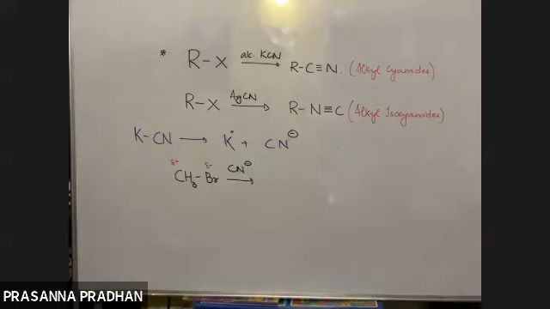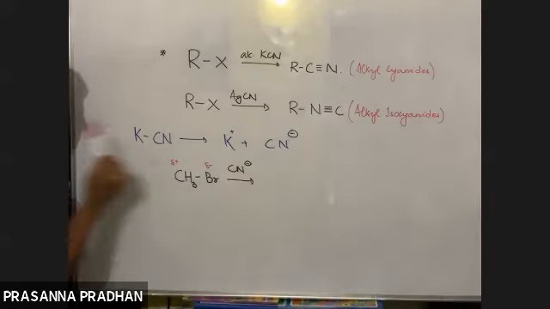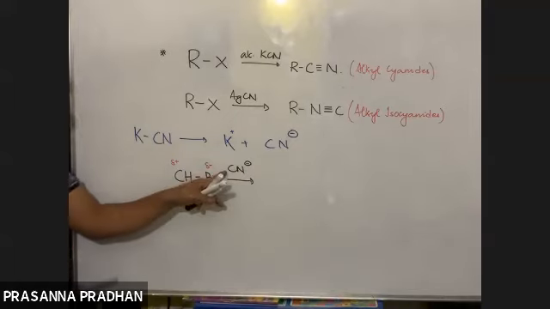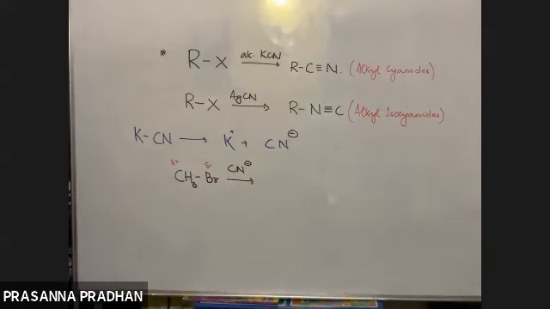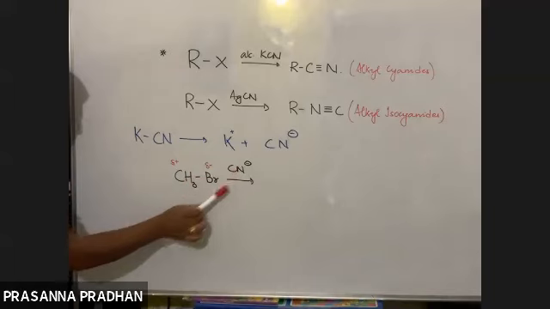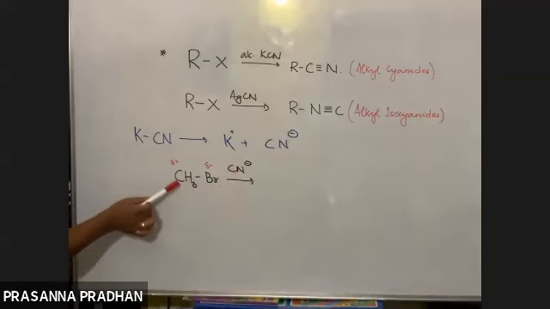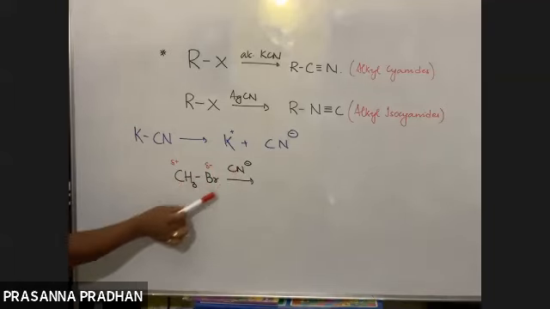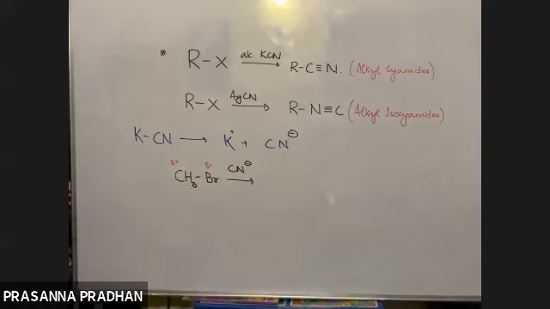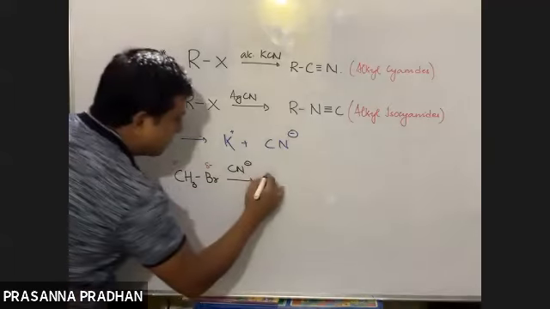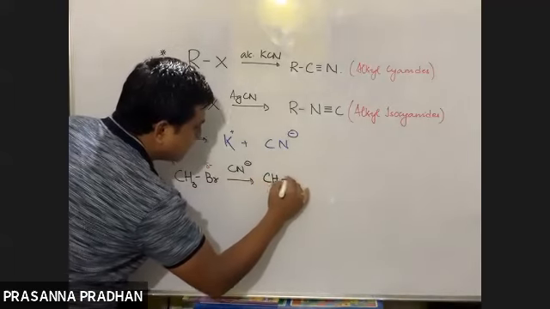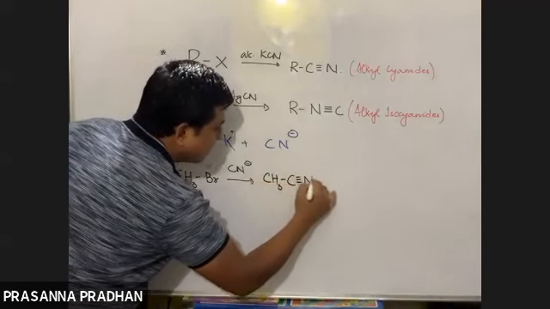So both the ends are free. The carbon end is also free, the nitrogen end is also free. That means it can form a bond either through carbon, a carbon-carbon bond can be formed, or a nitrogen-carbon bond will be formed. But in this case, what is formed? A carbon-carbon bond is formed ultimately. CH3CN is formed. Why is this?